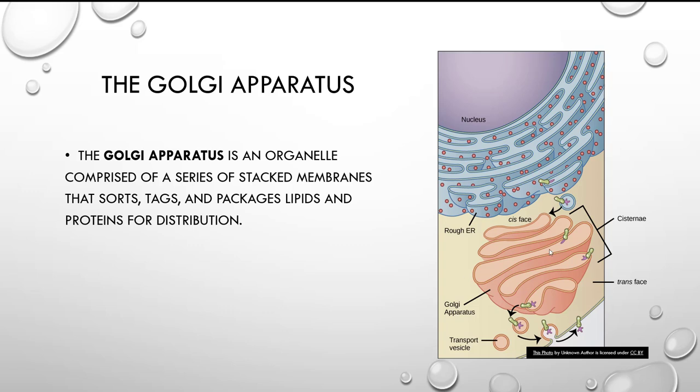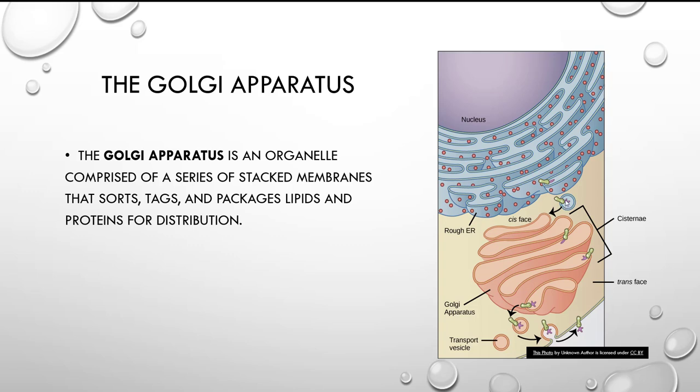Next, we have this package from the manufacturing floor of the endoplasmic reticulum. This package will get pinched off by the membrane, and it will travel in a vesicle to what's called the Golgi apparatus. The Golgi apparatus, think of that as the shipping and packaging department of a factory. Okay.